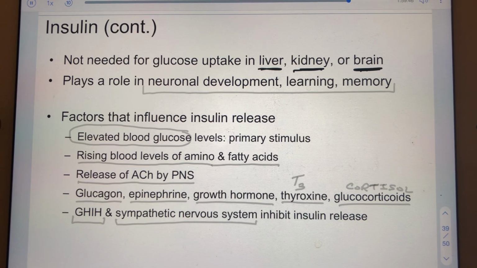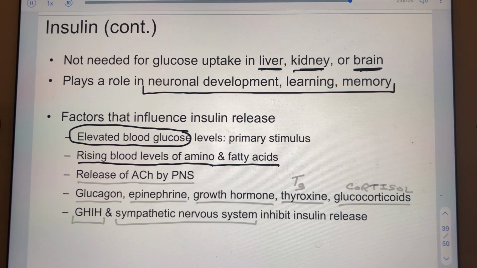All right, and insulin also plays a role in memory, in learning, in the development of neurons. Insulin release is obviously stimulated by high blood glucose. That's the chief stimulus. But if we see an increase in amino acids in the blood and or fatty acids in the blood, that will also promote the secretion of insulin.